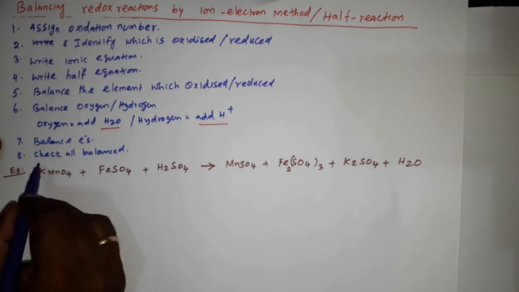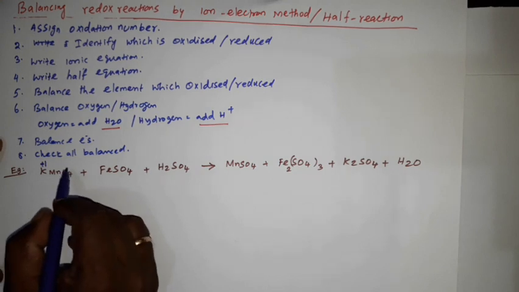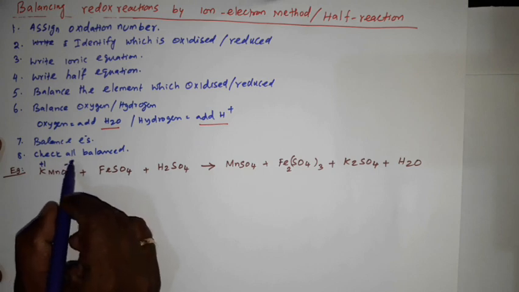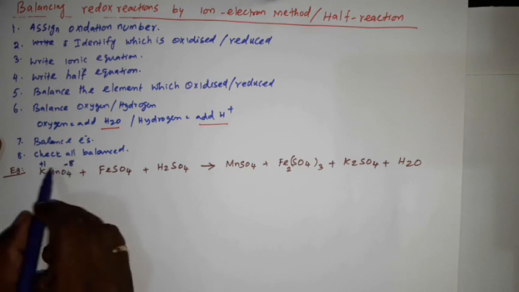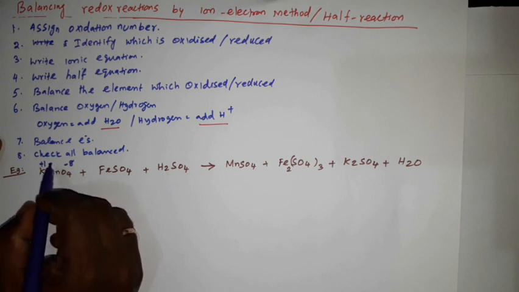Potassium is always +1, and oxygen is always -2. There are 4 oxygen atoms, so total -8. Now remaining, -8 plus 1, that is -7, sorry, +7.